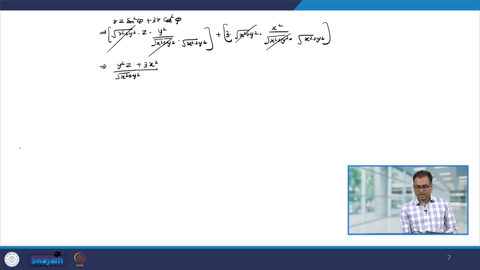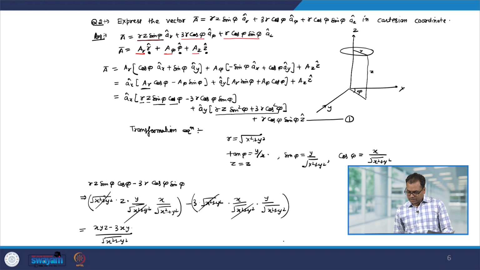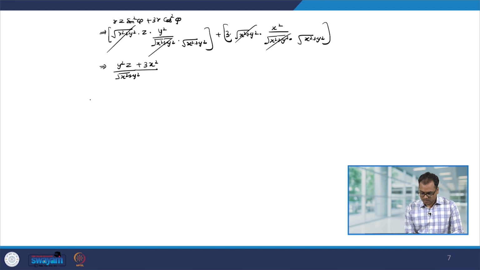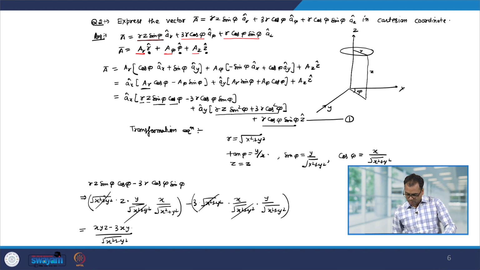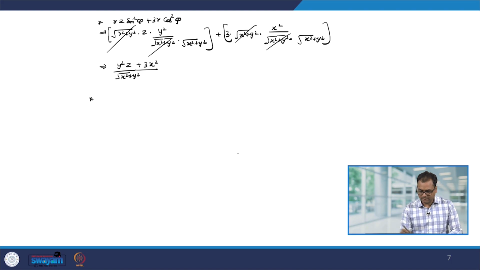Now let us look at the coefficient of z cap, which is r cos phi sin phi. So now we are looking for r cos phi sin phi. r is square root x square plus y square, cos phi is x over square root x square plus y square, and sin phi is y over square root x square plus y square.